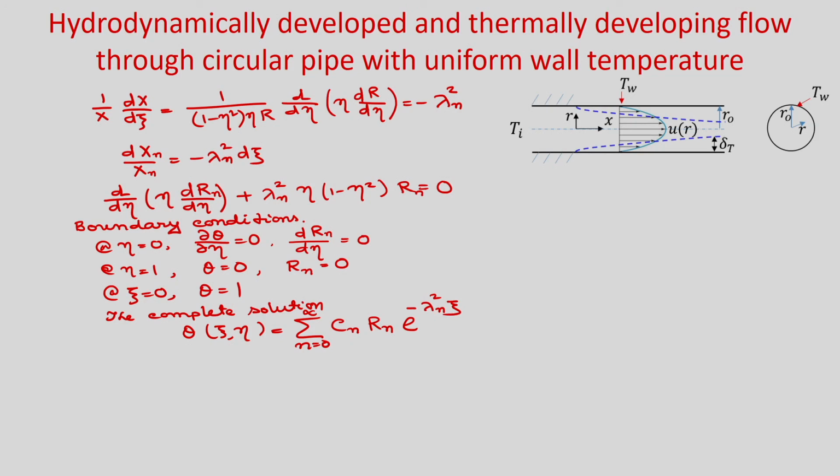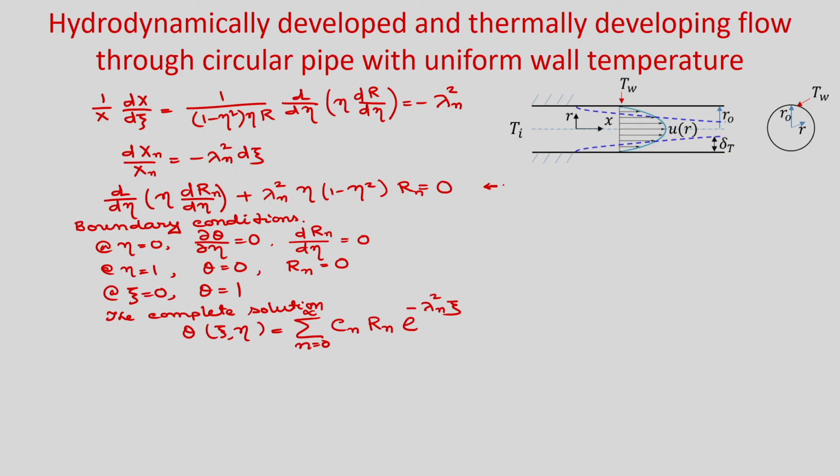Now we need to find what is the value of this constant C n. So, we will apply the boundary conditions and R n. What is R n? R n is the solution of this second order differential equation, and you need to use some numerical technique to find the eigenfunctions R n of this equation.